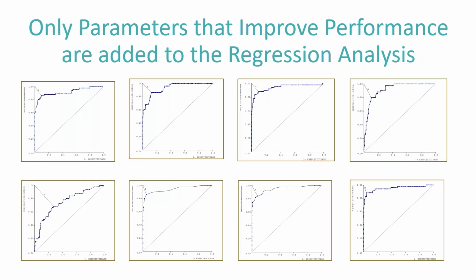And I mentioned we only added 4 additional parameters. We only added parameters that improve the overall performance. And these are a number of different parameters. You can see individually, each parameter doesn't perform nearly as well as the overall final D. And again, that's the benefit of a regression analysis. I say here that only parameters that improve performance are added.